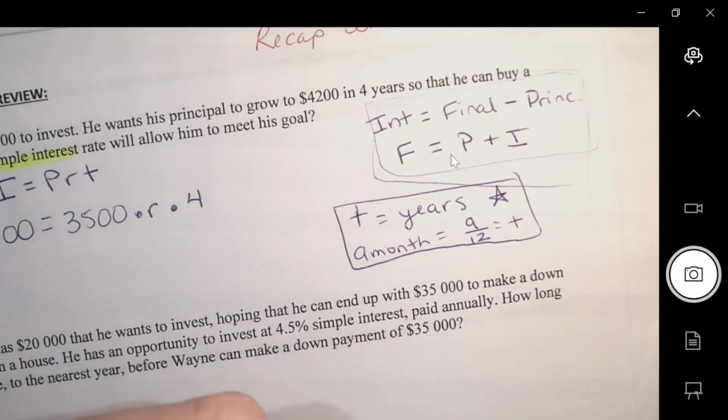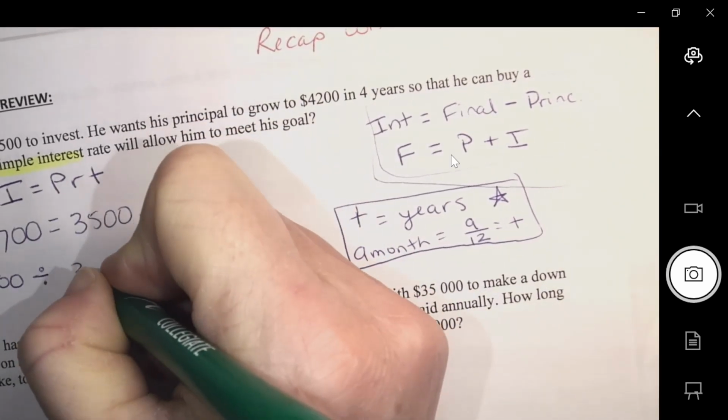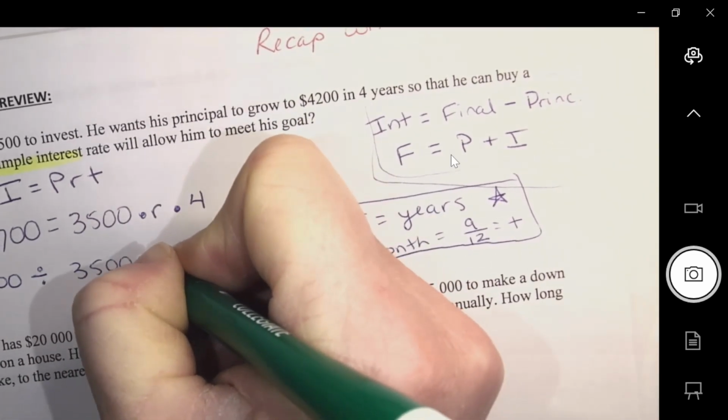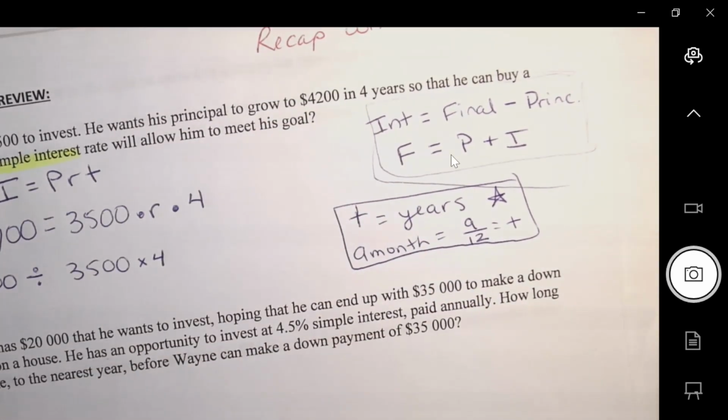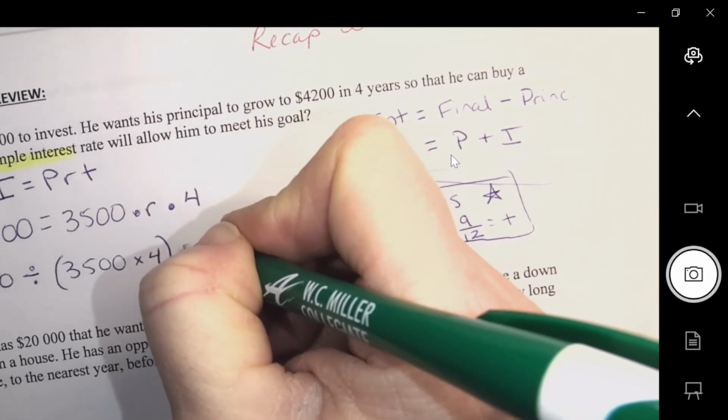Okay, so my calculator, I'm going to do 700 divided by 3,500 times 4. I have to be careful in my calculator. This will come out wrong. If I type it like this, what's the thing I need to add? I need brackets.